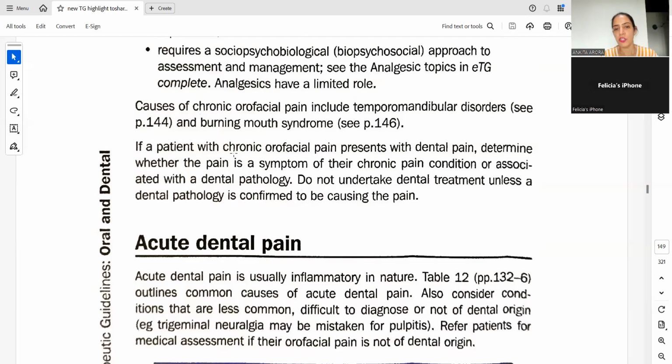If a patient with chronic orofacial pain presents with dental pain, determine whether the pain is a symptom of their chronic pain condition or associated with dental pain pathology. So you have to identify whether this pain is in itself a chronic pain condition. For example, temporomandibular disorder is a chronic pain condition by itself.